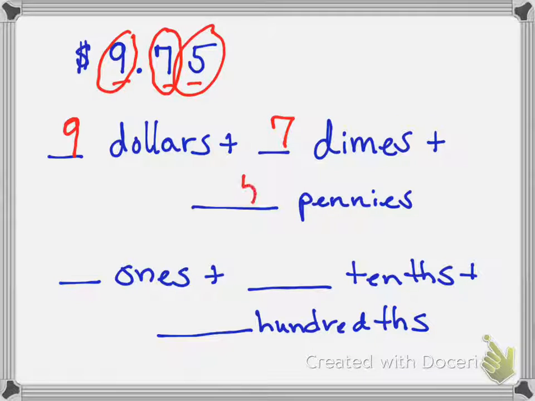I have 5 pennies. Now we can also say this for the place value of decimals. How many ones do I have? I have 9 ones. How many tenths do I have? I have 7 tenths. And how many hundredths? I have 5 hundredths.